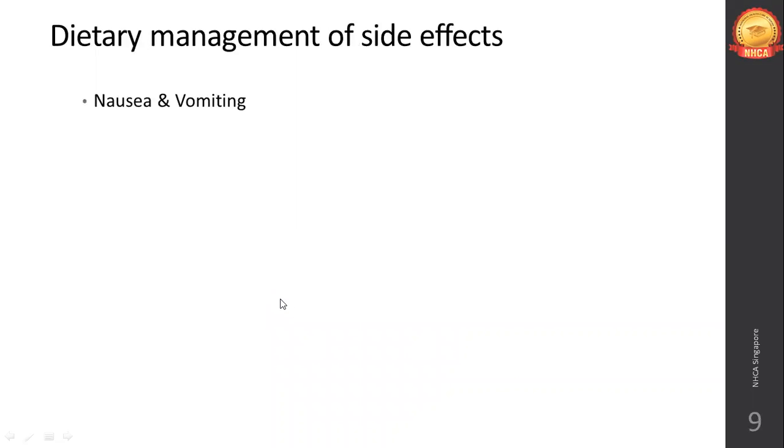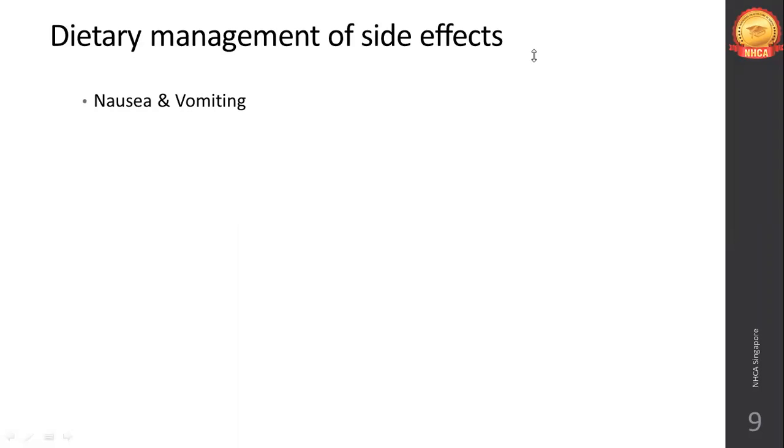Next, coming to the dietary management. So when you see a cancer patient suffering from nausea or vomiting, what ideas do you have to prevent it, or to combat nausea and vomiting? Not just in cancer patients, but generally. Yes, light diet, soft diet.